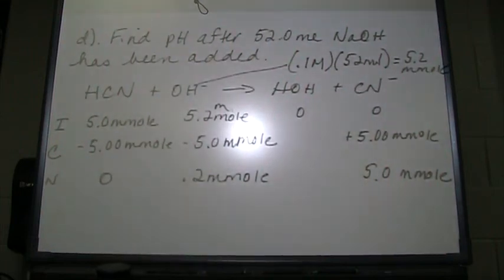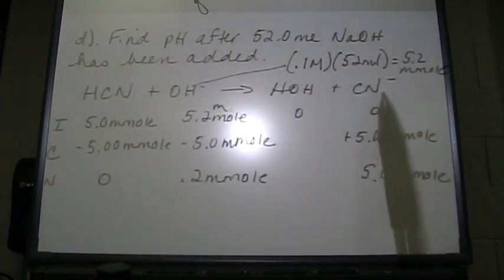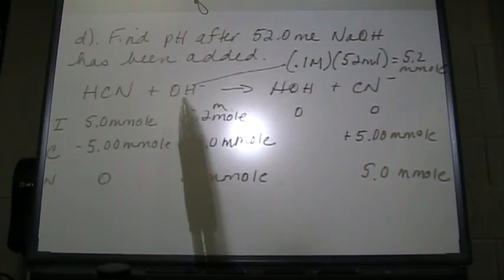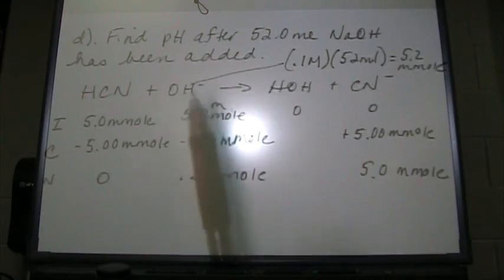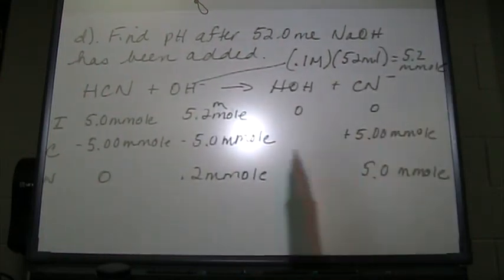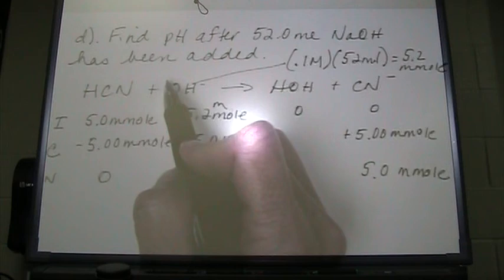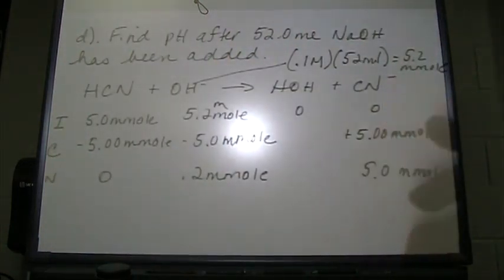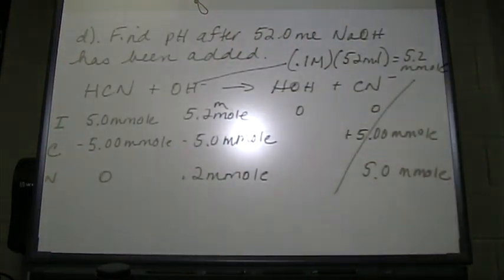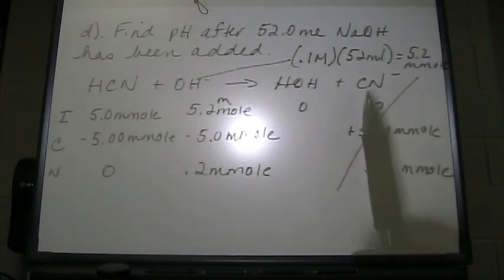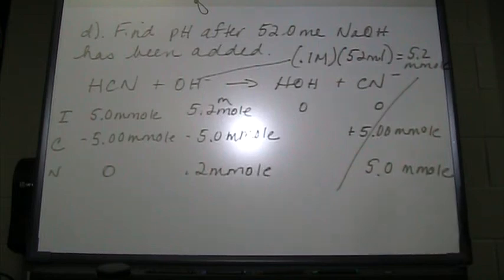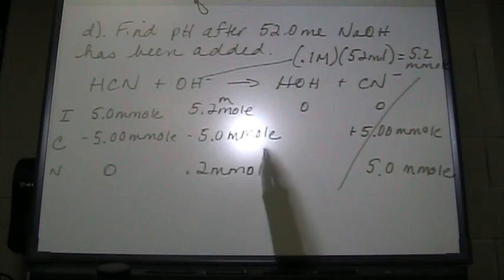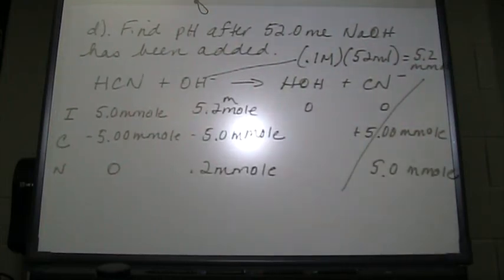Although the conjugate base of a weak acid is basic, it's not nearly as strong as the OH of a strong base. This trumps this every day of the week. Therefore, this is what controls the pH and not this. That means you can totally ignore any pH change that the conjugate base of the weak acid provides to the solution. It's statistically unimportant. But if we were to have 0 for OH, then we'd use that.